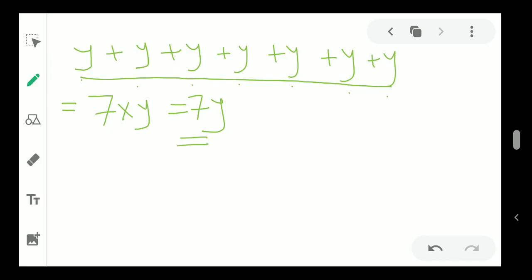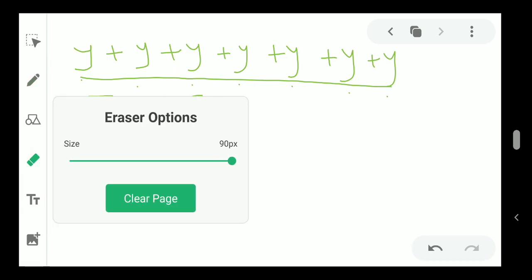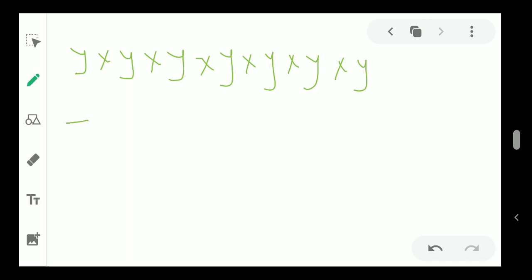So multiplication is a shortcut of addition, right? We know this very clearly. But like this, if you have a multiplication of lots of numbers, like same numbers again and again, multiplication of the same numbers, then how to write the shortcut one? So we write like this: 1 2 3 4 5 6 7. So 7 y's are being multiplied with each other.